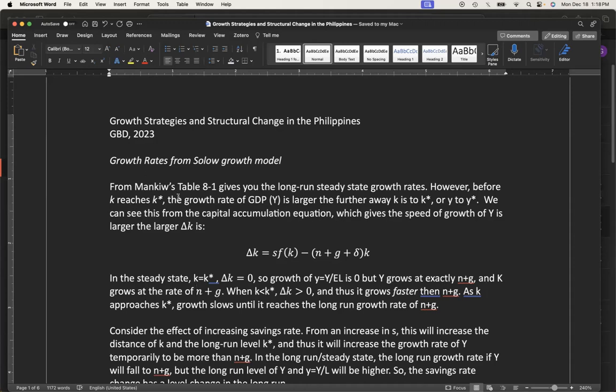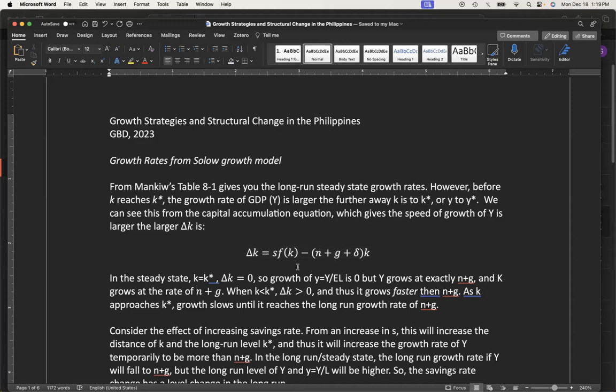But what we neglected to explain, or glossed over, I should say, is that even before K reaches K star, Y is growing. In fact, the growth of GDP would be larger the further K is from K star, or Y is from Y star. You can see this clearest in the capital accumulation equation, which gives the speed of growth of Y, and which is larger the larger the delta K is. Here's the delta K, which should be familiar. It's investment minus break-even investment.